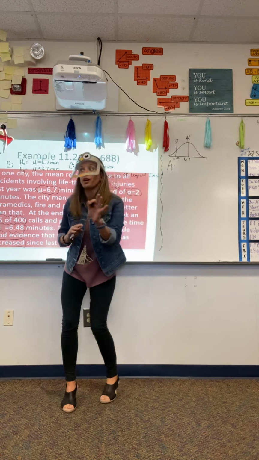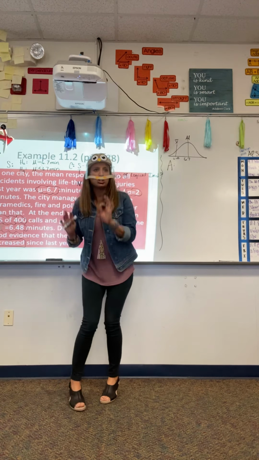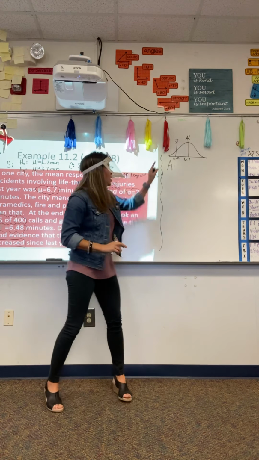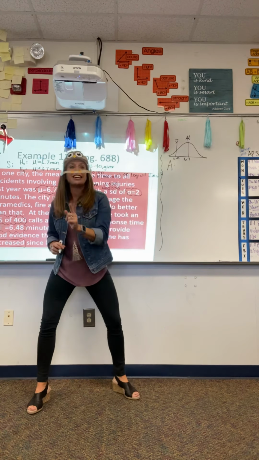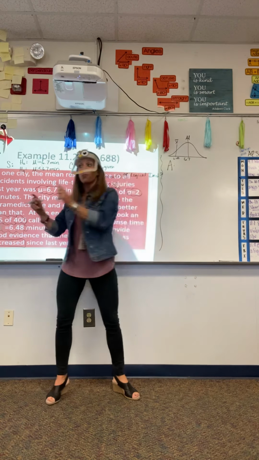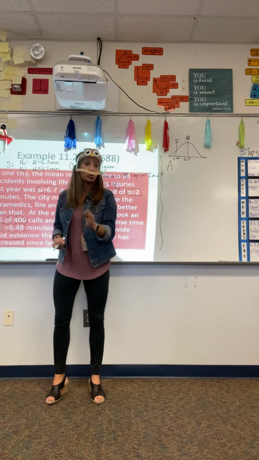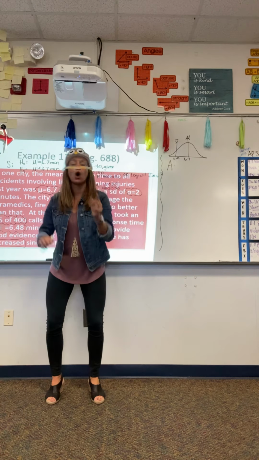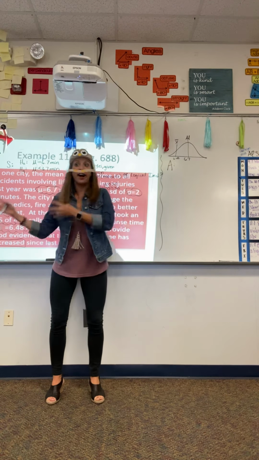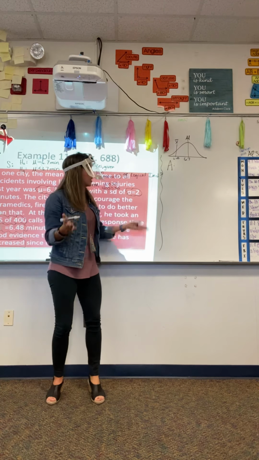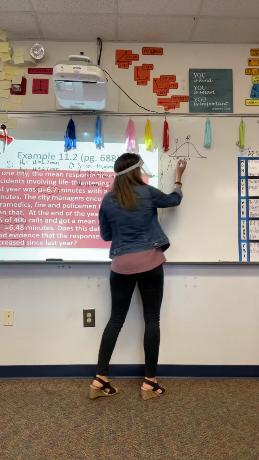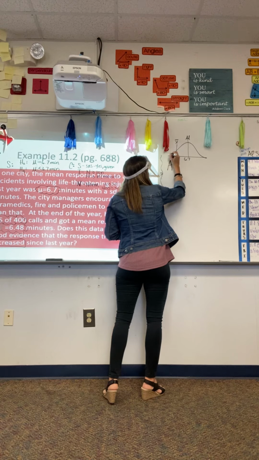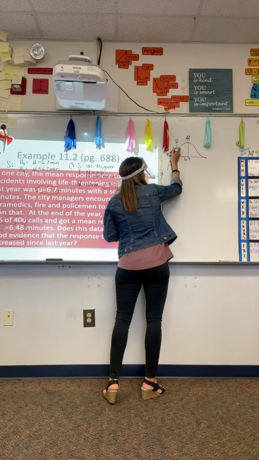How likely is it for me to get 6.48 when the historical claim is 6.7? How likely is it for me to get a number that low or lower? I've got to find an area. So which area should I shade? I need to shade the area that is that low or lower, and then that will give me my p-value.